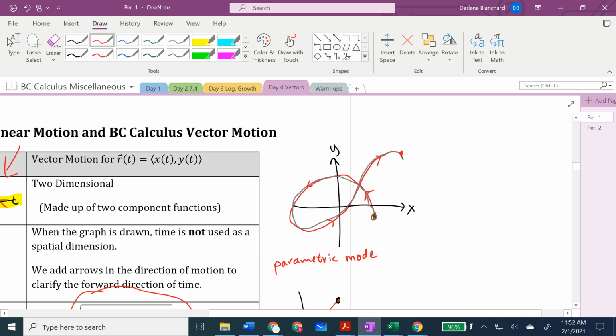So we often draw arrows on our graph to help express that that is the direction of going forward in time. And I have right here an initial point and a final point. I'll just put P naught and P terminal.